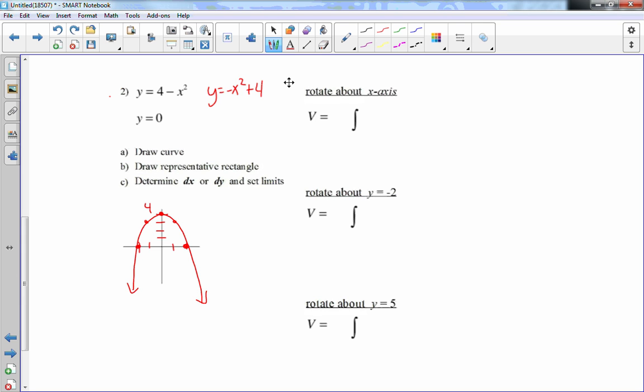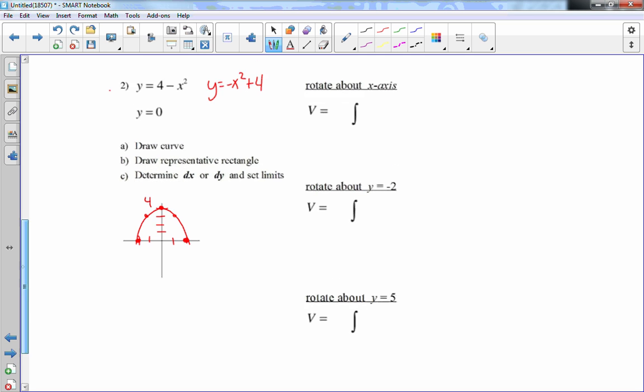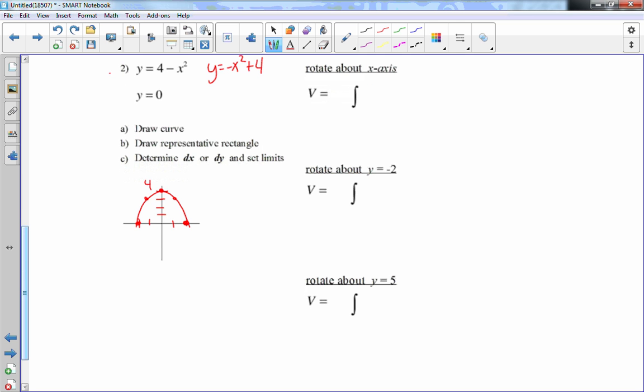Actually, I'm not going to keep those arrows going all the way down through because next we have y equals 0. Is that a horizontal line or a vertical line? That's the x-axis. So that is our area that we're going to rotate and find the volume of.